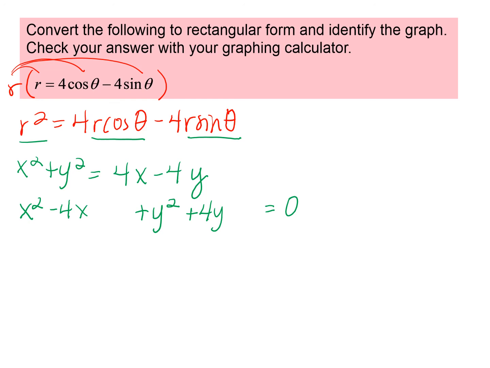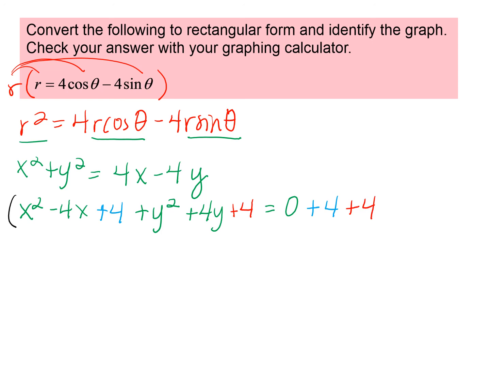So to complete the square, I'm going to take half of b, so half of negative 4, square it, which will give me a positive 4, and I'm going to add it to both sides. And then once again, for the y part, take half of b, which will be 2, square it, which will be 4, and add it to both sides.